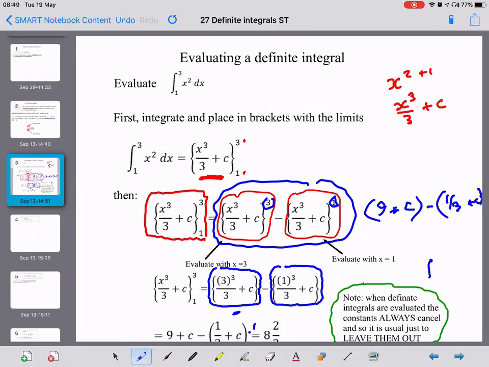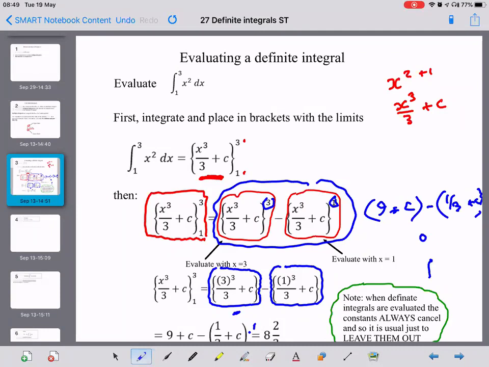Now the important thing here is that c take away c equals 0. So when we evaluate definite integrals, the constants of integration always cancel out. I've put them in this example so that you can see how they cancel out.